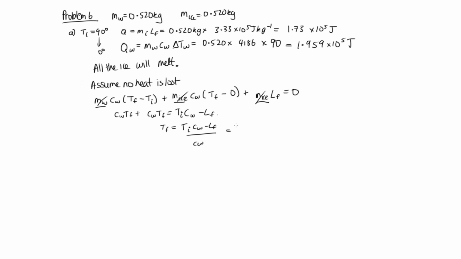So this is equal to the initial temperature, which we were told was 90 degrees in this part, so 90 times 4,186 minus the latent heat of fusion, which is 3.33 times 10 to the 5, divided by 4,186. And solving that, we end up with 5.2 degrees C.